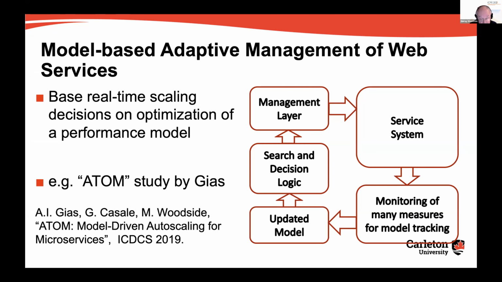And we're thinking in terms of a performance model, which involves a model of the contention for the system. An example of an auto-scaling system based on a model like that is an autoscaler called Atom, studied by a student of Giuliano Casale's at Imperial College, which used a layered queuing model to search the scaling space and find a better scaling.